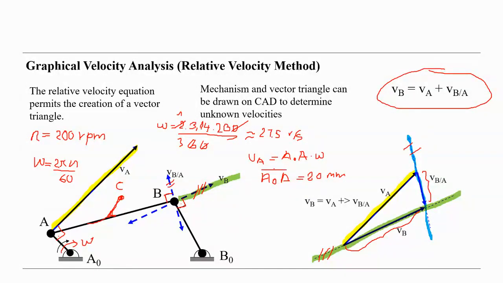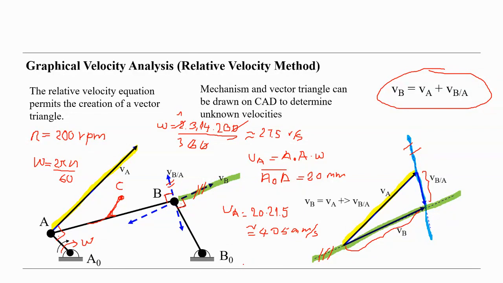Then VA is equal to 20 times 21.5. This is millimeter per second, so nearly 400, around 405 millimeters per second.